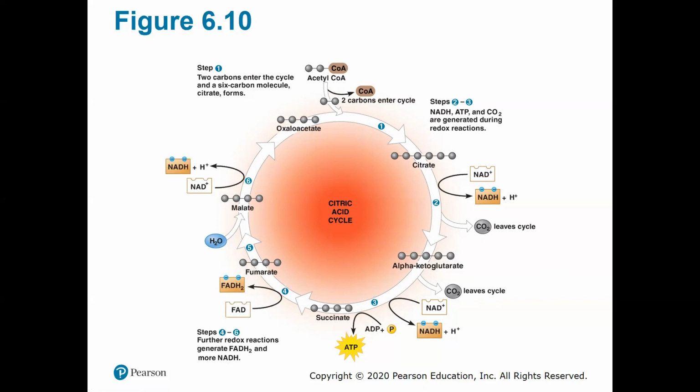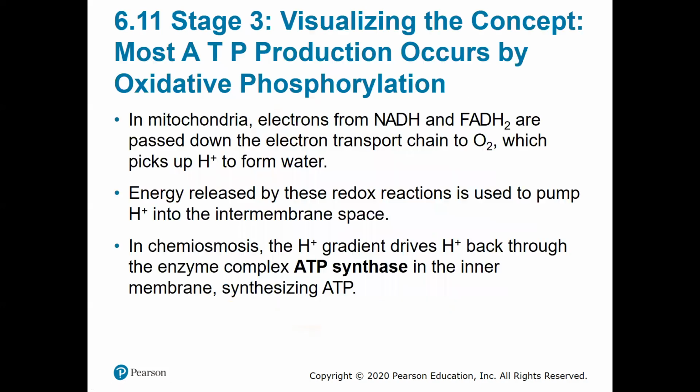The overall point that I want you guys to get from the citric acid cycle is that energy molecules are created, carbon dioxide is created as a waste product, and as each series of chemical reactions occurs, everything is then recycled back so that it can be used again. And this process can be repeated and recycled with no problem.